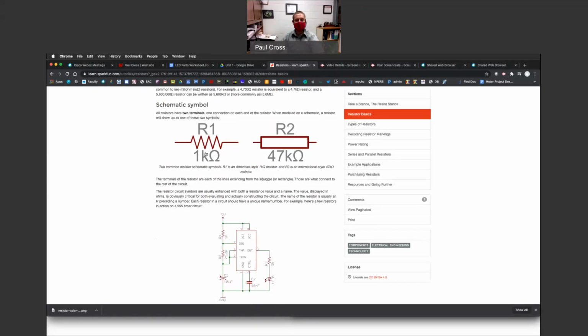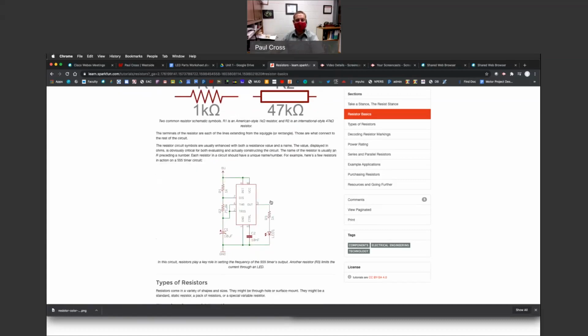So 1000 ohms is the resistance of this R1, resistor number 1, 1K, 1000 ohms. R2 has a different symbol, just a rectangle, and it says 47K ohms, so 47,000 ohms. They say this is the American style and this is international, and I'd say that's probably fairly true.